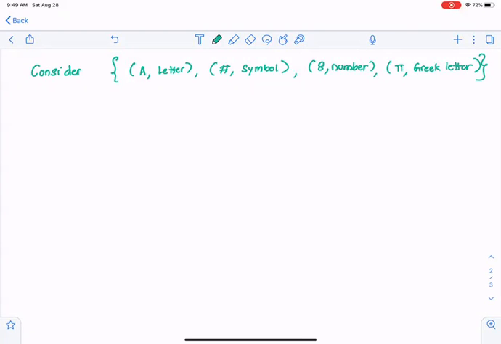I'm going to call those the X's. I have A, which is a letter. We know that. Hashtag is a symbol. 8 is a number. Pi is a Greek letter. So I've put them together because there is an association between the two. In other words, they are related to each other.